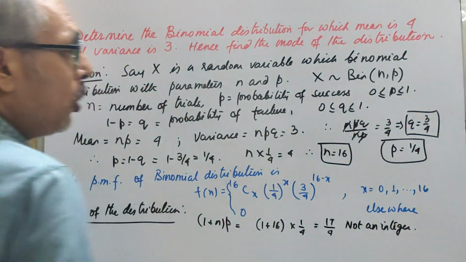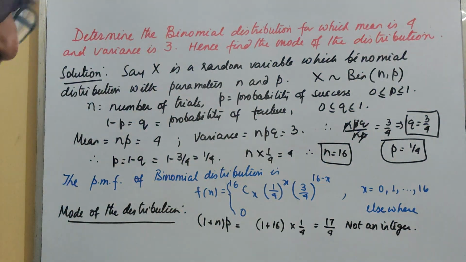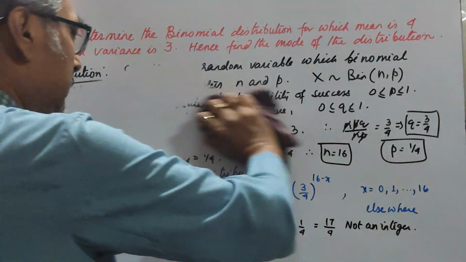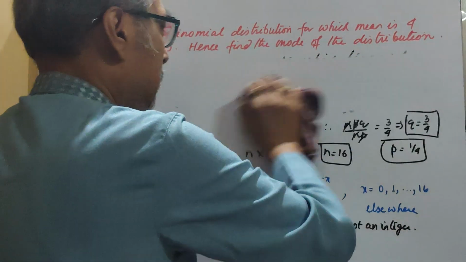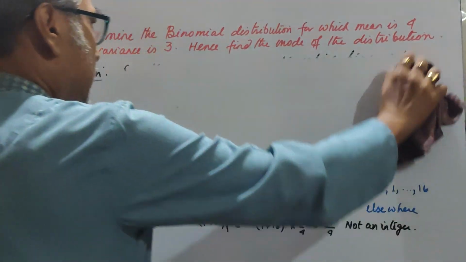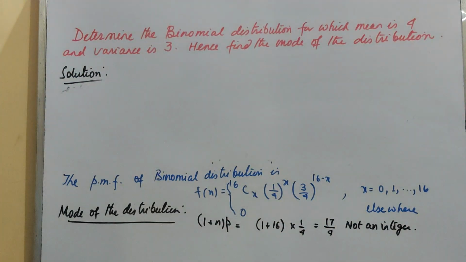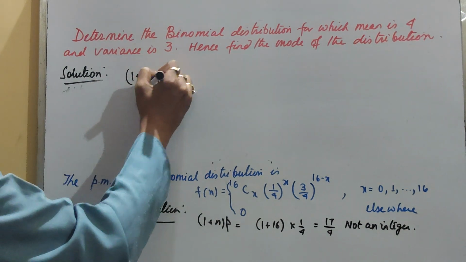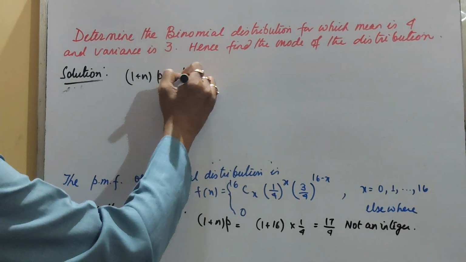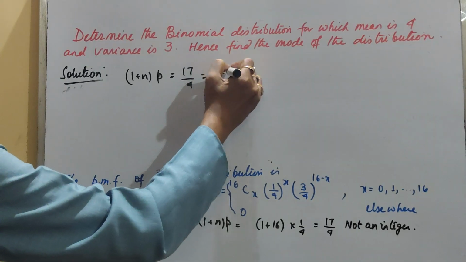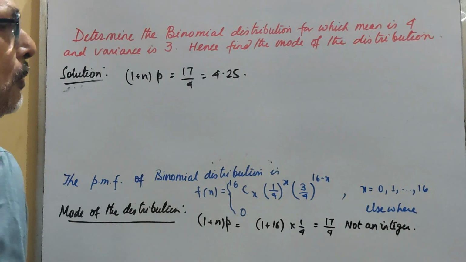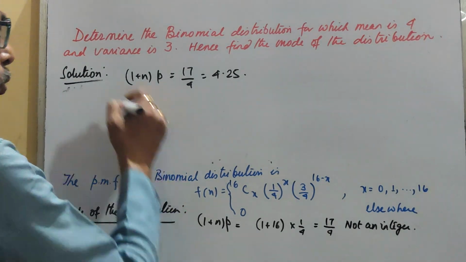That is 4.25. Therefore, this binomial distribution has two modes.